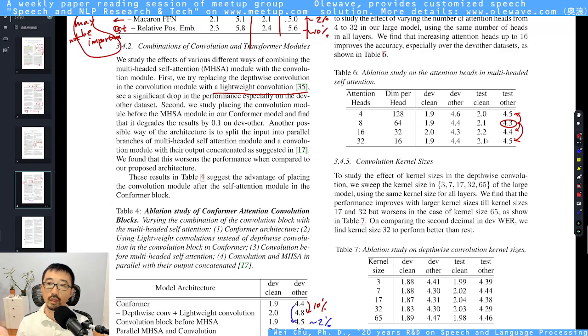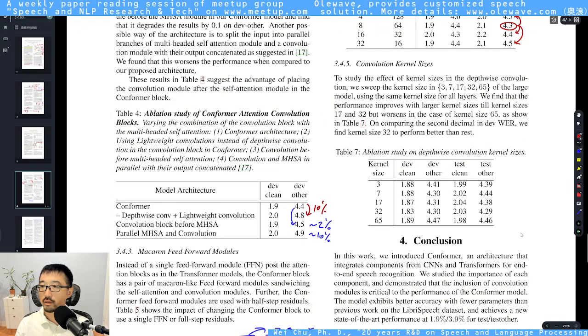You don't need so many attention heads. Kernel size wise, I think nobody can explain this. It's the convolutional kernel size. Nobody can explain why the best one is 32, right? Why is this? Nobody can explain this.